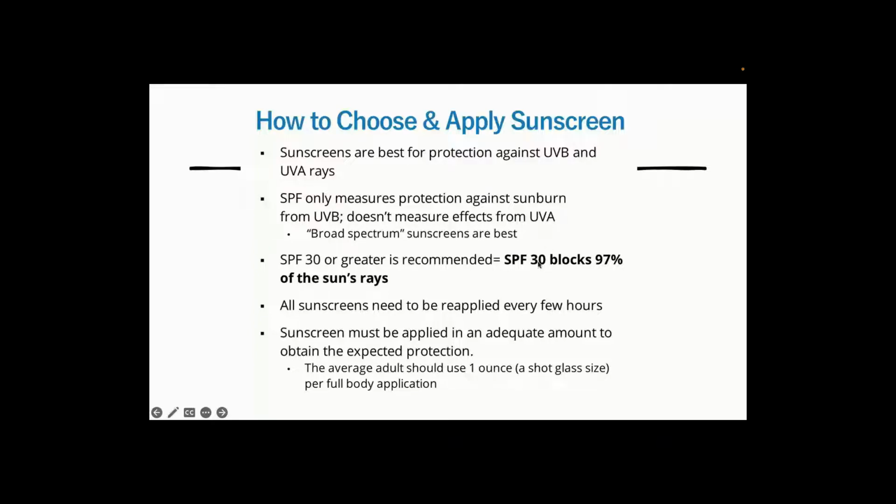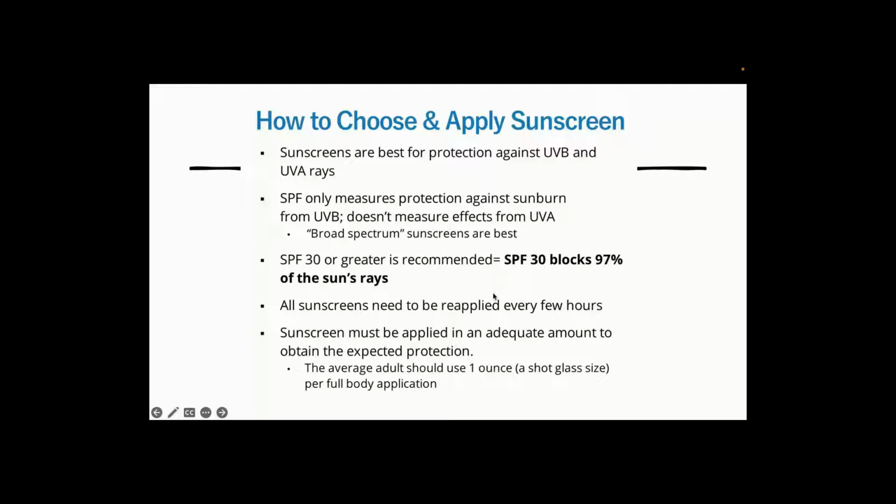SPF 30 or greater is recommended. SPF 30 blocks 97% of the sun's rays. When you go up to SPF 60 or SPF 100, you're getting a little bit more, maybe 98 or 99% of the rays, but not much more. So we say at least SPF 30; 97% is a very good amount to block.